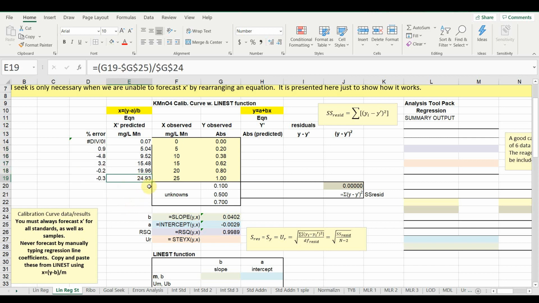Let's go ahead and get our unknowns as well at the same time. So here are our forecasted concentrations for our unknowns. To evaluate their accuracy, we want to look at the standards of similar concentration or similar absorbance ranges.